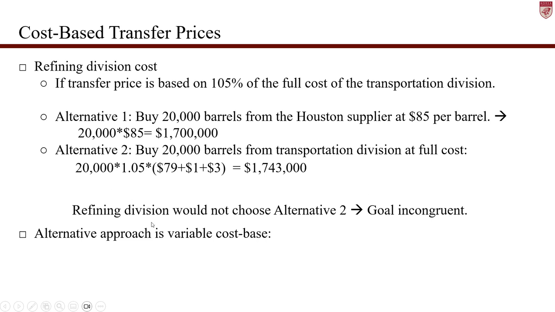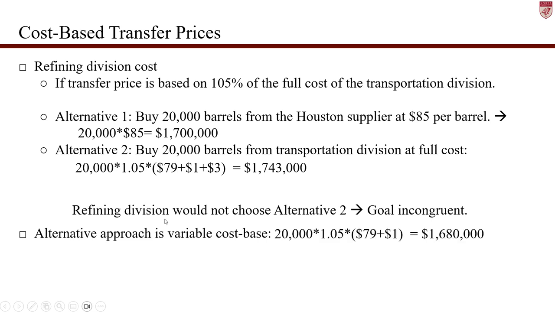An alternative approach exists. Based on the alternative approach, we can actually use the variable cost base rather than the full cost base. And this makes more sense because in the unused capacity setting, the fixed costs do not change, right? The only thing that changes is the variable cost. So we should only set the transfer price based on a variable cost, right?